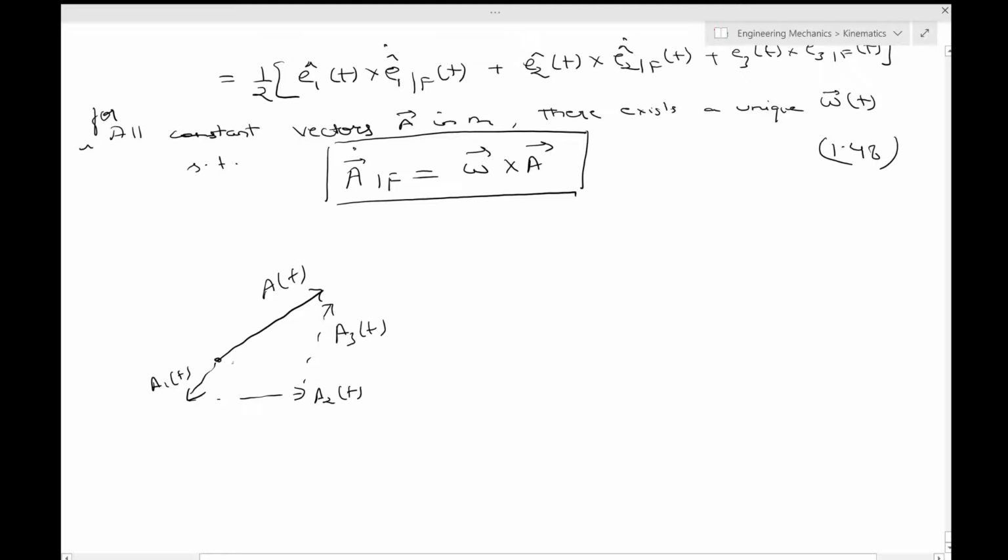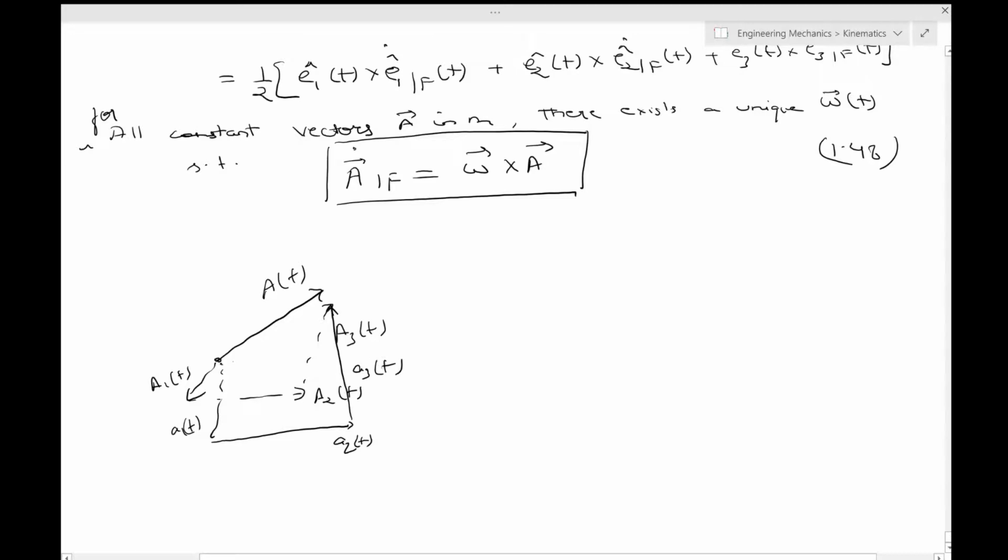So these are the components in the F system. Now in the M, they look like A1 of t, A2 of t, and A3 of t.